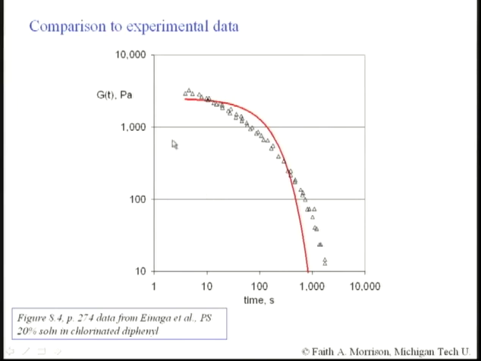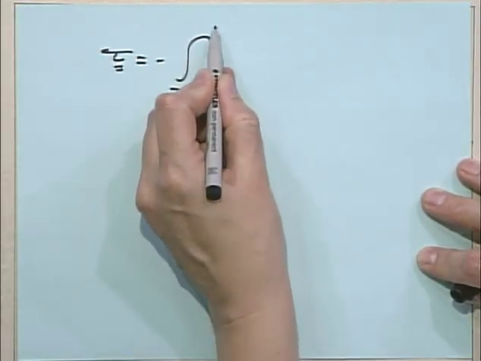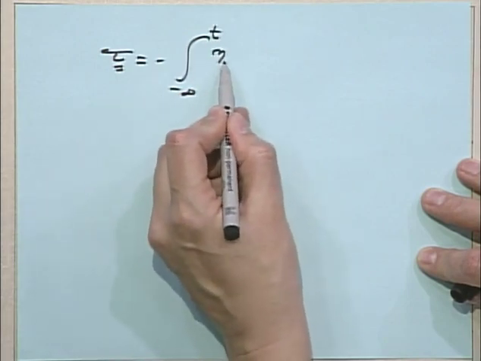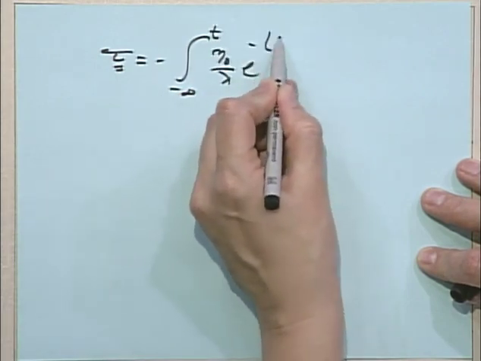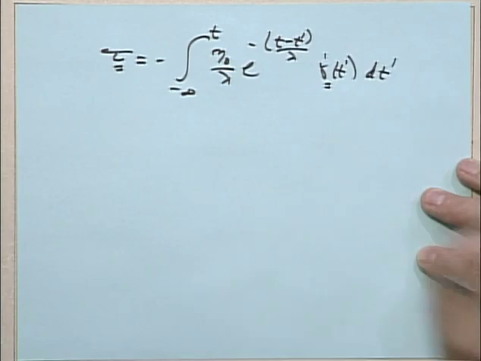So that means I can't pick a single value of G and lambda to get a good fit, but I could pick 4 or 5 different ones that fit different regions of the curve. And what I'd like is some way to add those up. This is possible by saying that instead of having a single Maxwell model, tau equals minus the integral from minus infinity to t of eta naught over lambda e to the minus t prime over lambda gamma dot of t prime dt prime, that's a single one.